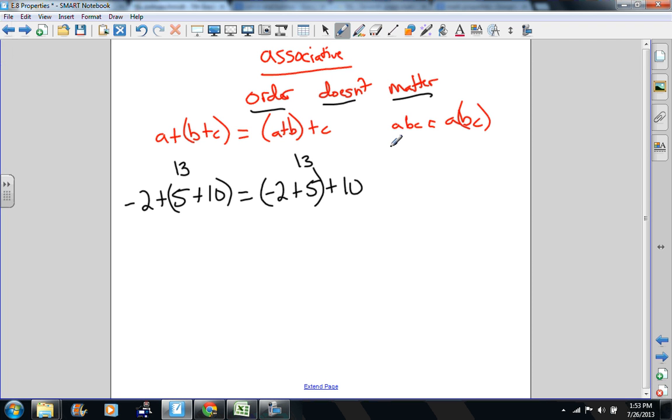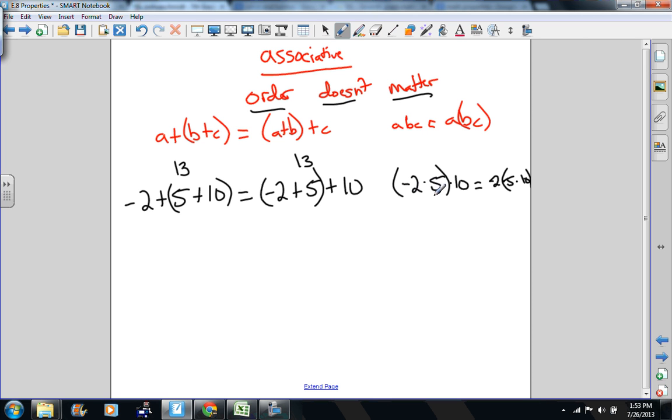Okay, for multiplication, it's the same thing. Negative 2 times 5 times 10 is equal to negative 2 times 5 times 10, and I change the order. I'm going to multiply over here the 5 and the 10 first, and over here the negative 2 and the 5.